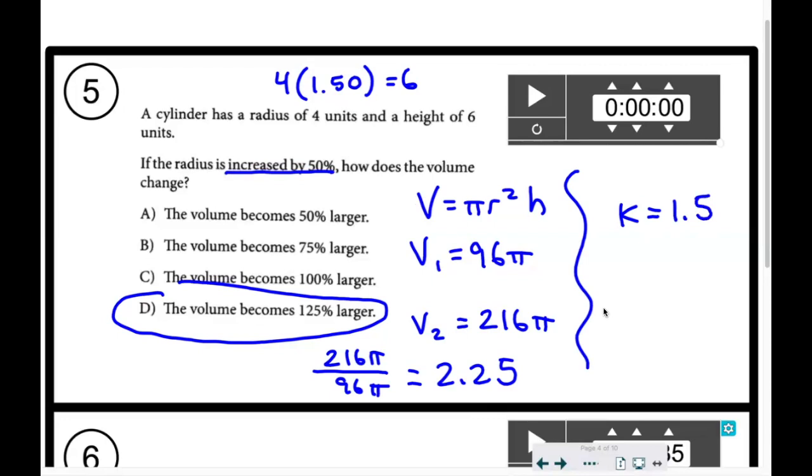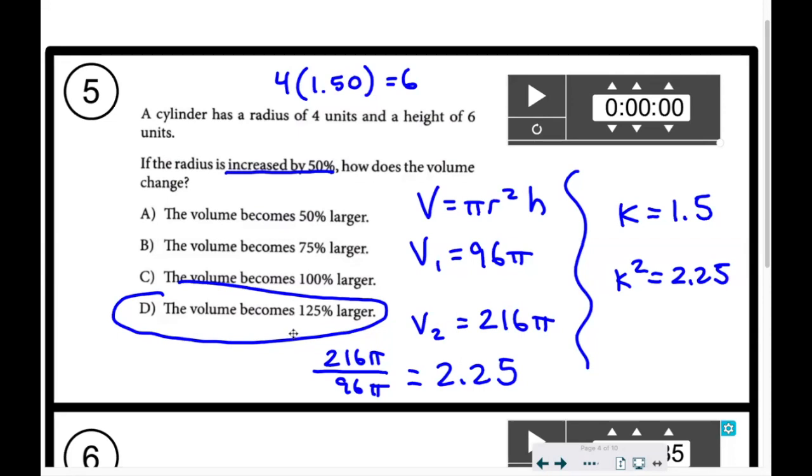And since the radius is being squared, then k squared just gets us directly to 2.25. And again, we have to know that 2.25 really represents a 125% increase.